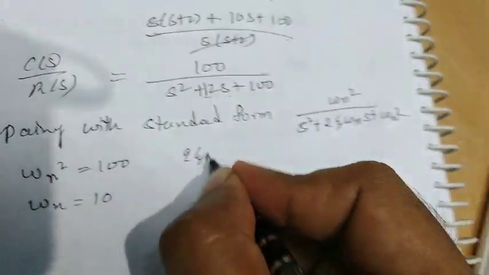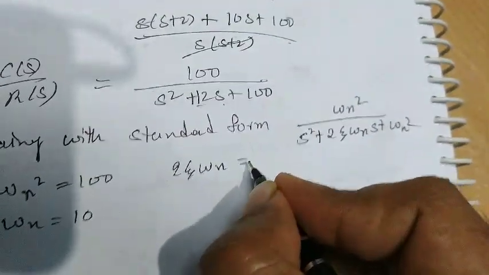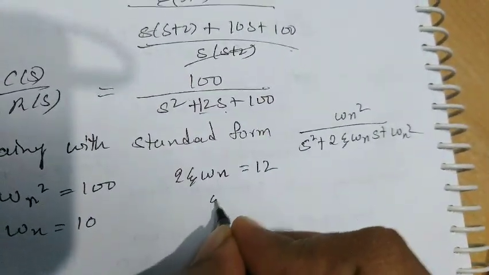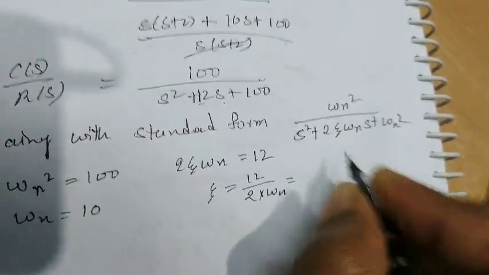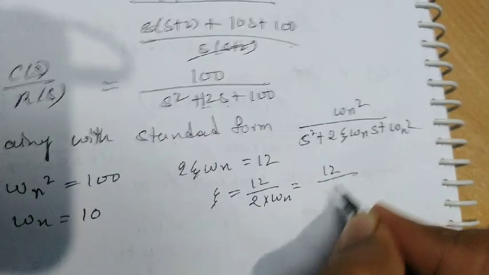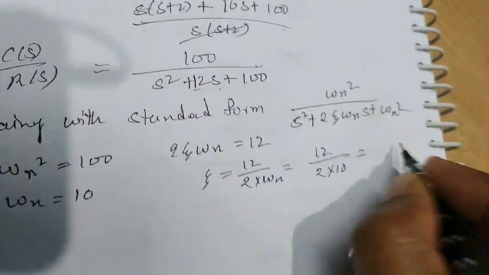Similarly, 2 zeta omega n is equal to 12. From this, zeta equals 12 divided by 2 into omega n, where I'll substitute omega n as 10, and I'll get 0.6.